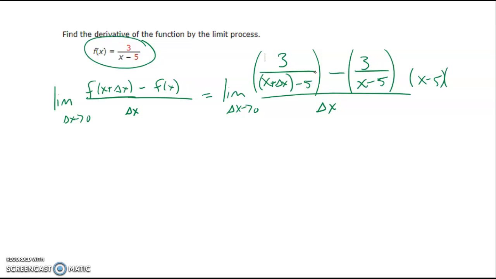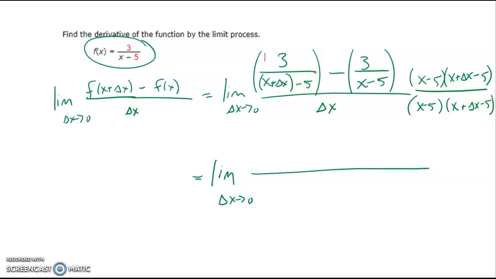So if I were to multiply by the product, top and bottom, which I'm allowed to do, it's a form of 1, then the denominator, nothing really is happening down there. I still got this delta x, and then I got my LCD.